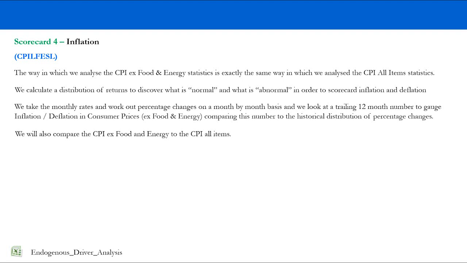We take the monthly rates and work out percentage changes on a month-by-month basis, and we look at a trailing 12-month number to gauge inflation or deflation in the consumer prices ex food and energy, comparing the number to the historical distribution of percentage changes. And we will also later on compare the CPI ex food and energy to the CPI all items to see what key differences we can spot.